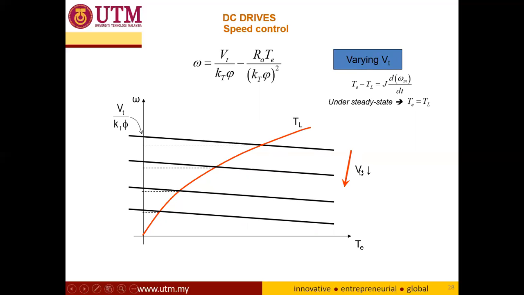So this is when you vary the voltage. This intersection is what we call the no load speed. And this line is what we call the torque load. The intersection between the motor characteristic and your torque load characteristic is where your motor will actually operate, and this is what we call the full load speed.